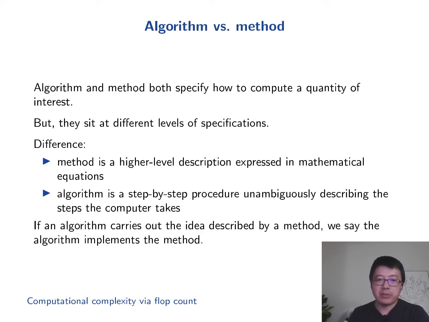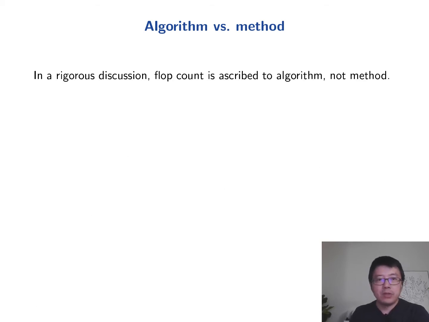If an algorithm carries out the idea described in the method, we say the algorithm implements the method. So in a rigorous discussion, flop count is only ascribed to an algorithm, not a method, because a method may have different algorithms which have different flop counts.